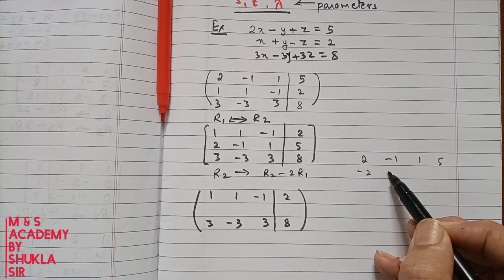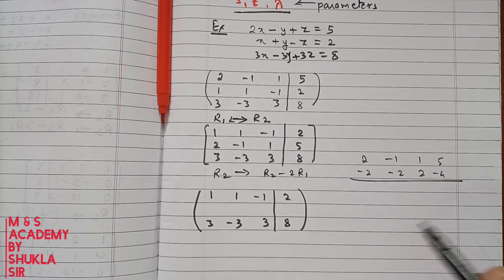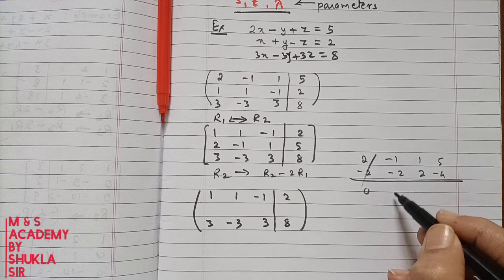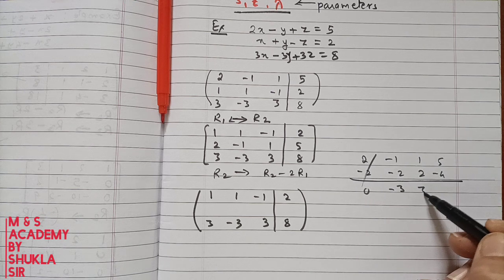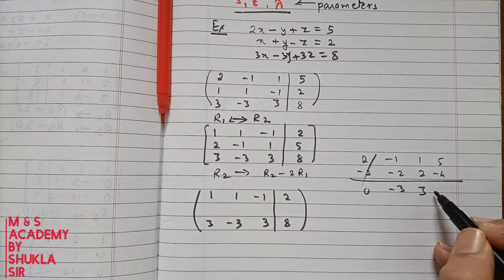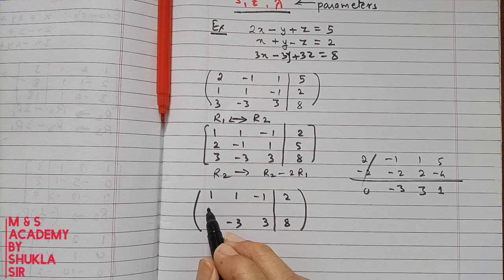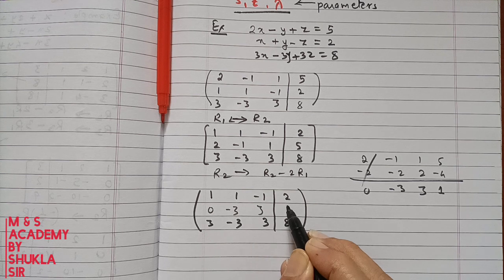So minus 2, minus 2, 2 and minus 4. So this one is 0, this one is minus 3, this one is 3, and this one is 1. So we'll write 0, minus 3, 3, and 1.